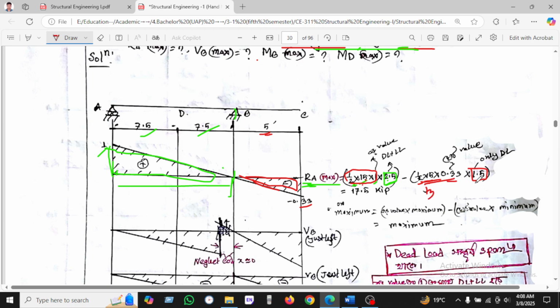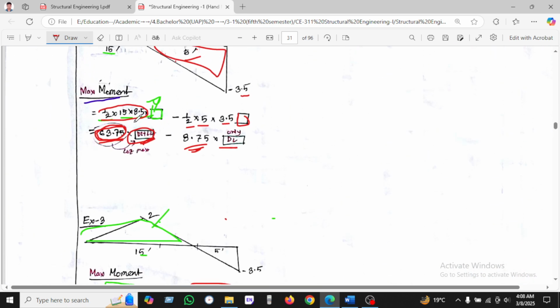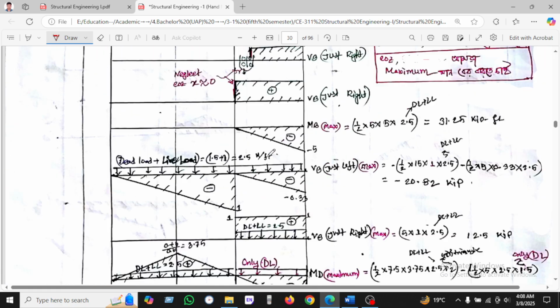So that's why it will be 3 into the less value, and it will be 7 into the bigger value, which is dead load plus live load, which is 2.5. So we are taking the boxes as we have seen previously. The boxes will calculate the maximum value with the maximum number, and the minimum value with the minimum number.